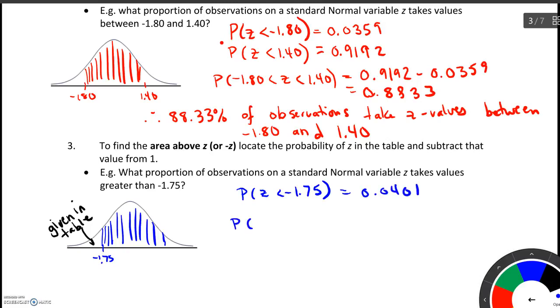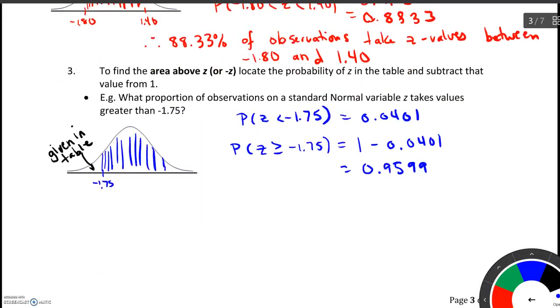And now if I want the probability that Z is greater than or equal to negative 1.75, since the total area is 1, I subtract the left tail area from 1, and the result is the values that are greater.